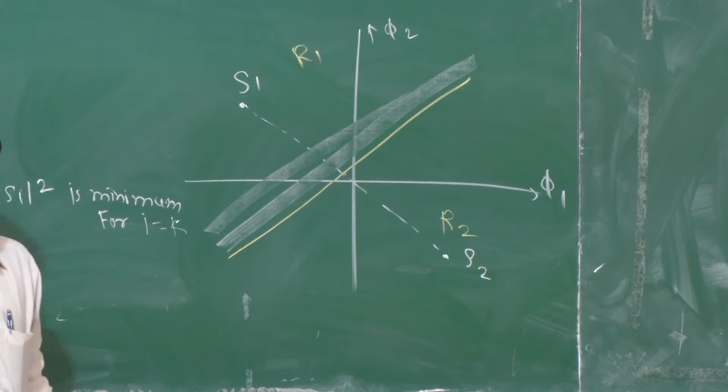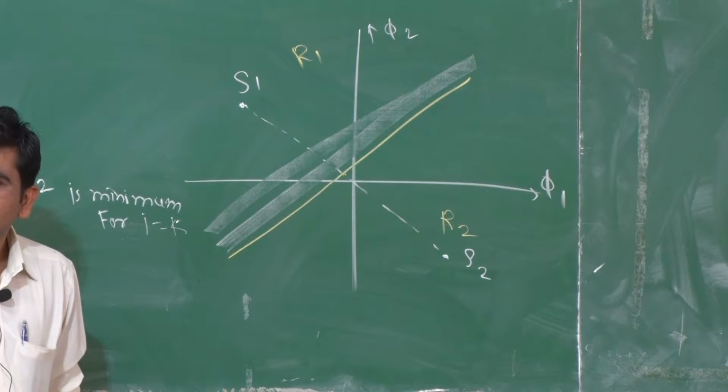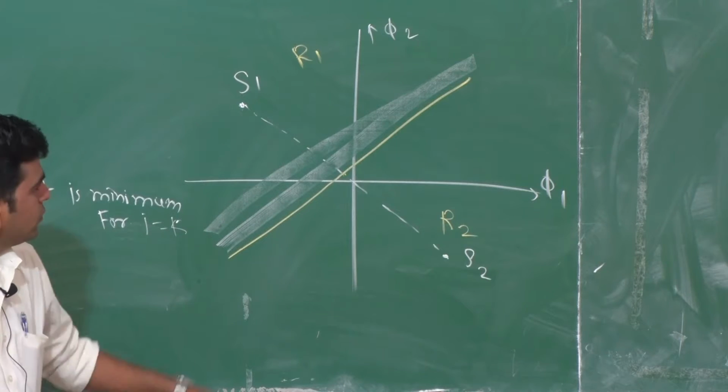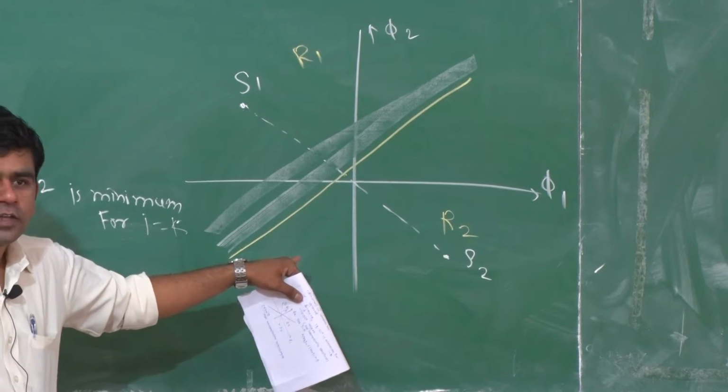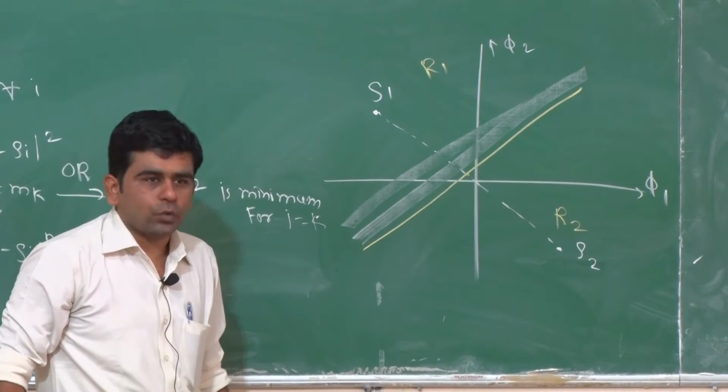Upper one is region R1, lower one is region R2. Is it clear? For representation of these signals, we are using 2 basis functions. So n is equal to 2 and m is equal to 2.